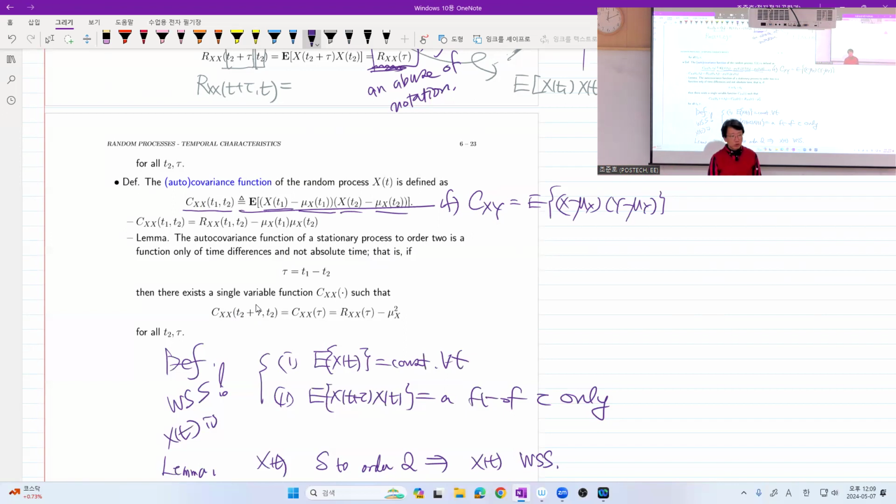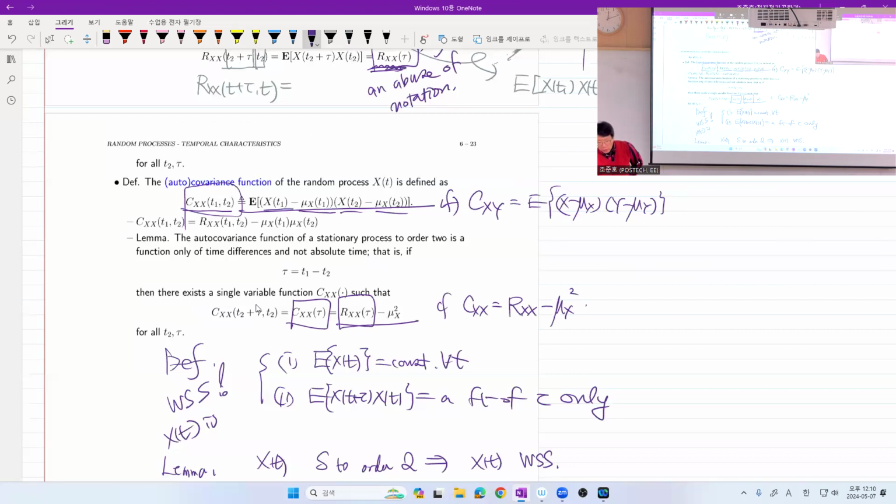Again, it's a two-parameter function. However, what happens if the process is stationary to order 2? Same, right? We have a covariance function, which is a function only of tau. So we introduce c sub xx of tau. Right? And the relation between the autocorrelation and mean value is this one, as we've seen already, because the covariance of x equals what? The correlation of x minus mu x squared. Same thing. Okay?